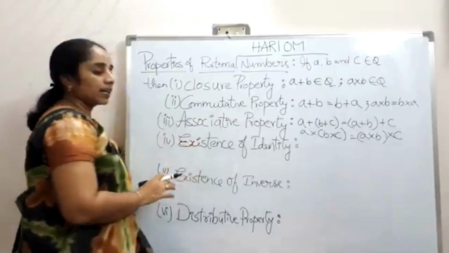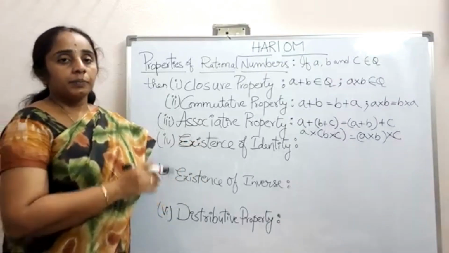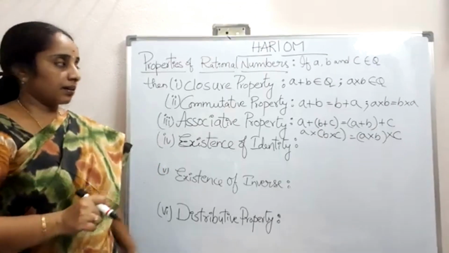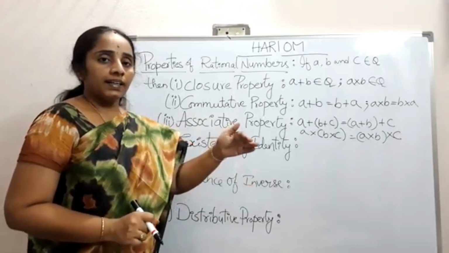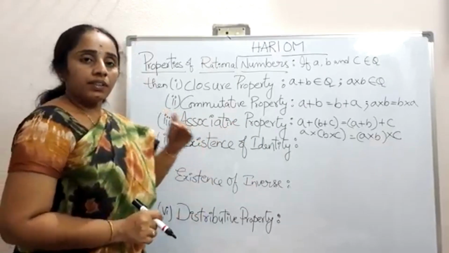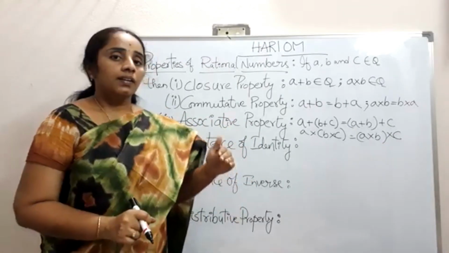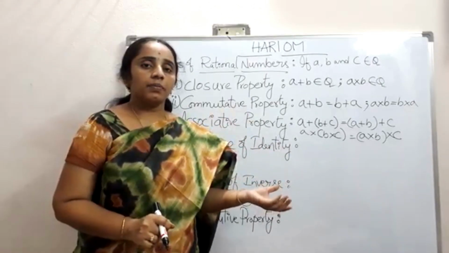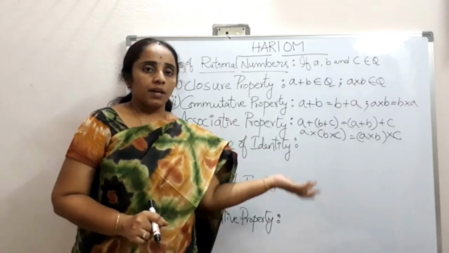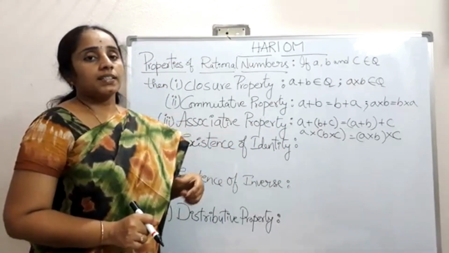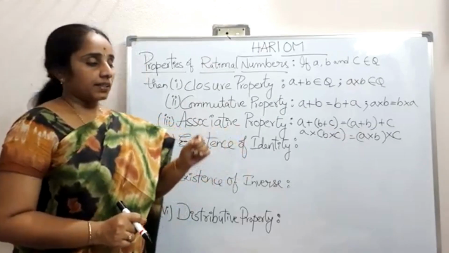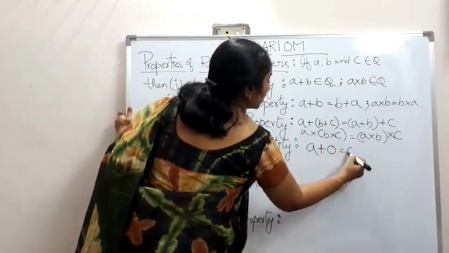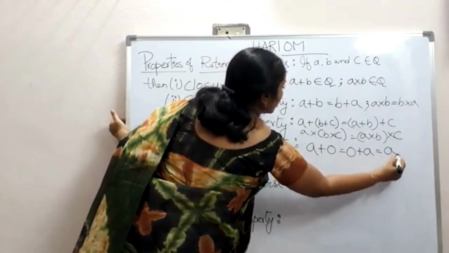Coming to the next one, existence of identity. First I am going to recall it under addition. If we add 0 to any rational number, we get the same result. So we call that 0 the additive identity element. Here, a plus 0 is equal to 0 plus a is equal to a.